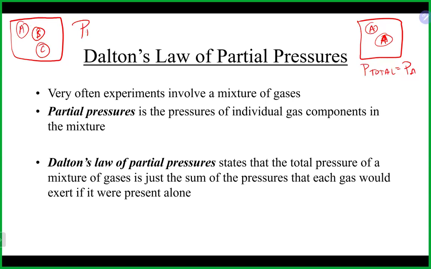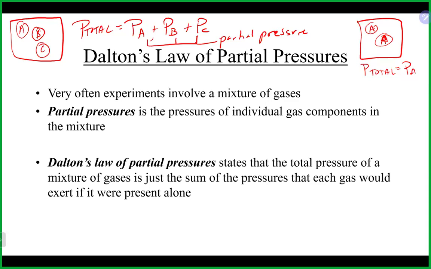So the total pressure would be the pressure of A plus the pressure of gas B plus the pressure of gas C. These are what are referred to as partial pressures because they each contribute to the overall pressure partially. They're a partial component of the total pressure.